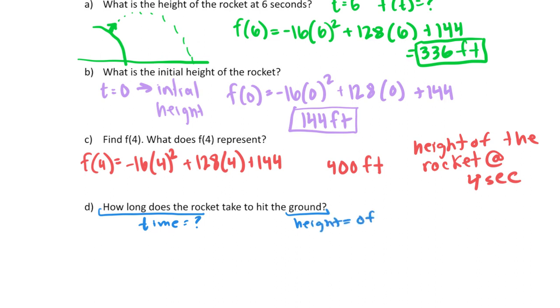So we're trying to figure out the time it takes to get back to 0 feet. So we will take our equation, which would be negative 16t squared plus 128t plus 144, and we're going to set that equal to 0. And we're going to solve.